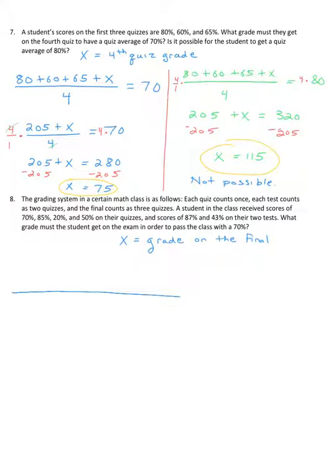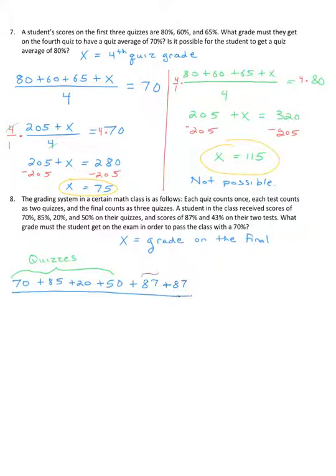Well, if I start with their quizzes, you get a 70, an 85, a 20, and a 50. So those first 4 are their quizzes. Now we also have to average in their tests. They got an 87, so I know you have to put an 87 into this average, but tests count twice as much as quizzes, and all that means is we just add it in twice.